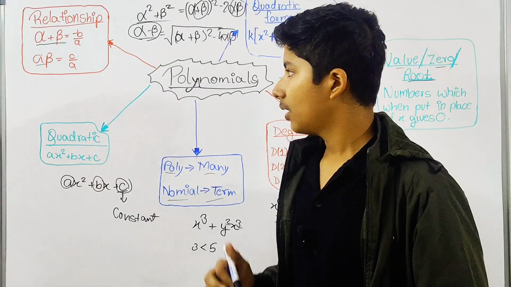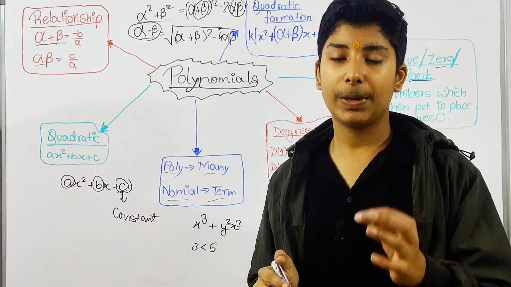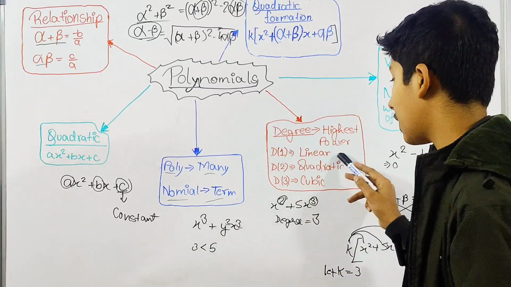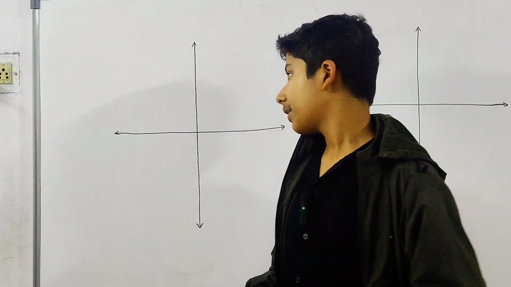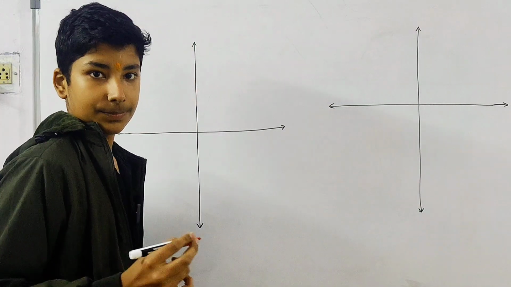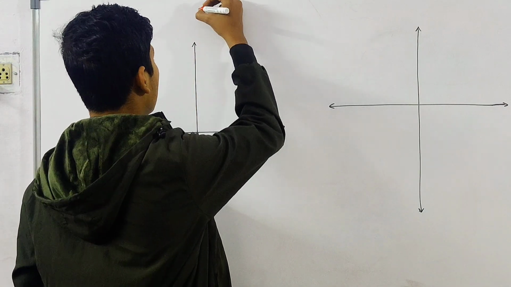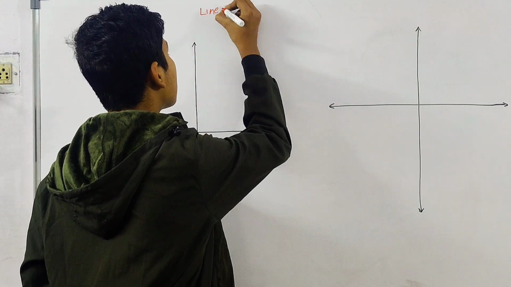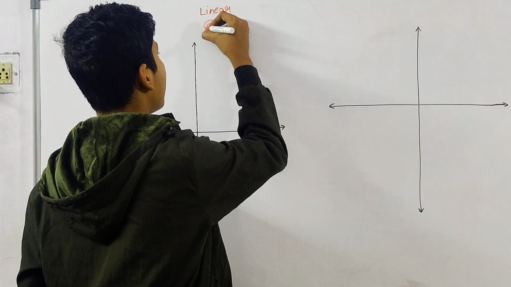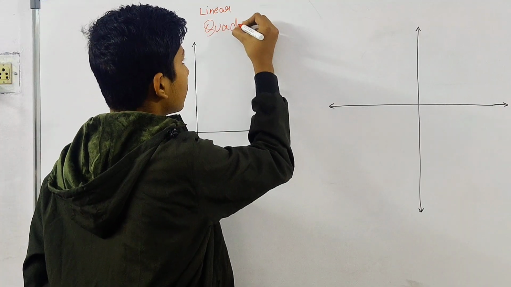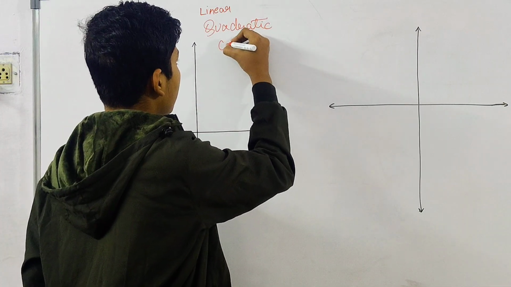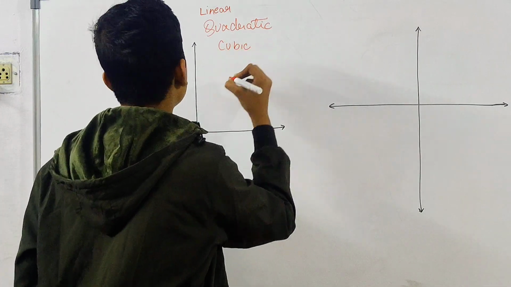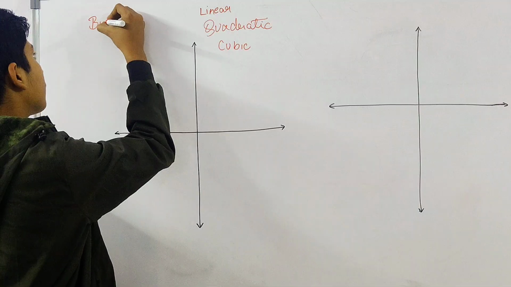I hope you understood. Now I will tell you how you represent these types of polynomials on a graph. Now coming to the graphical representation. See, there are four types of polynomials I have told you: linear, quadratic, cubic and biquadratic.